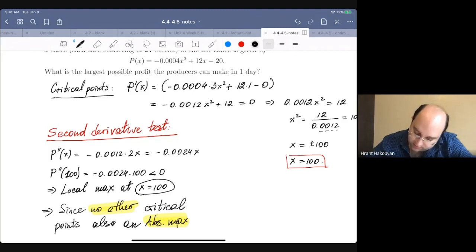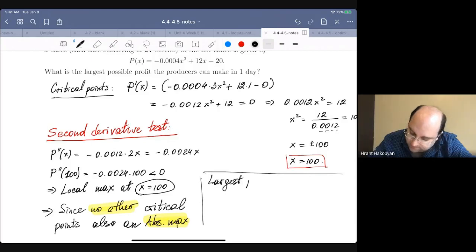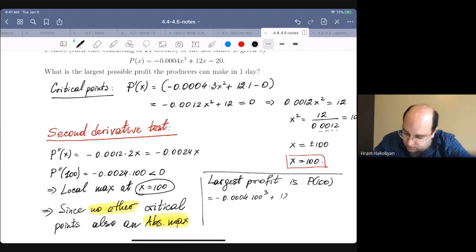So we write that the largest profit is P of 100, which is equal to negative 0.0004 times 100 to the power 3, plus 12 times 100 minus 20.